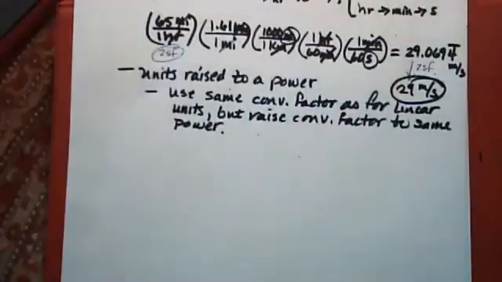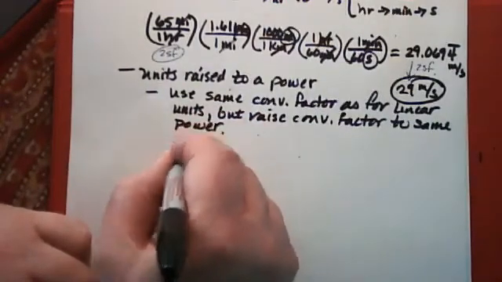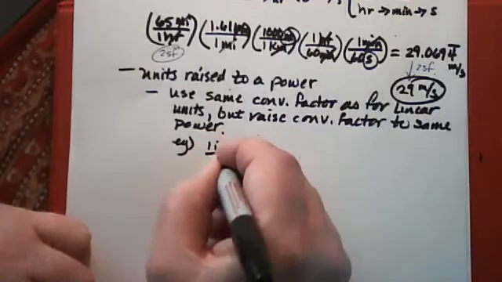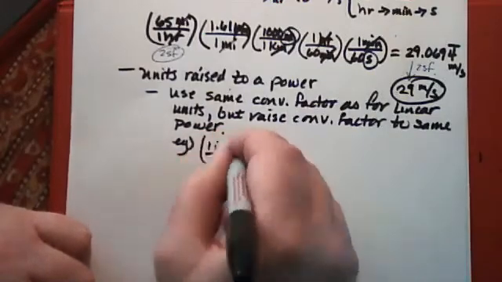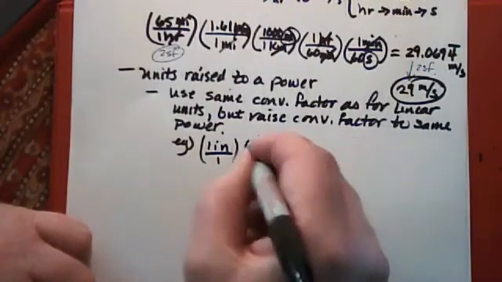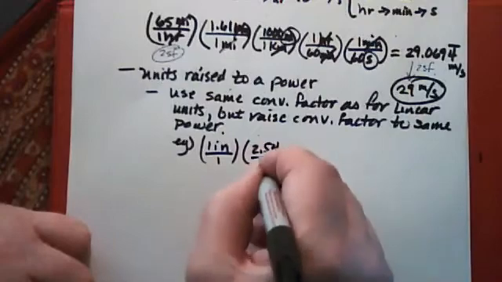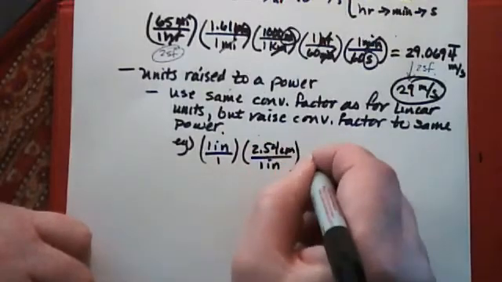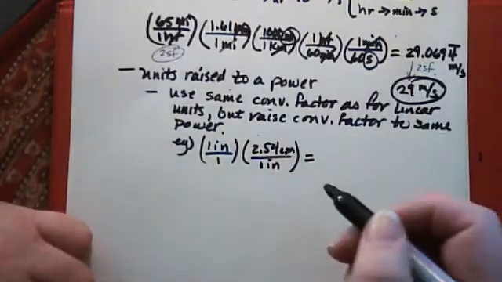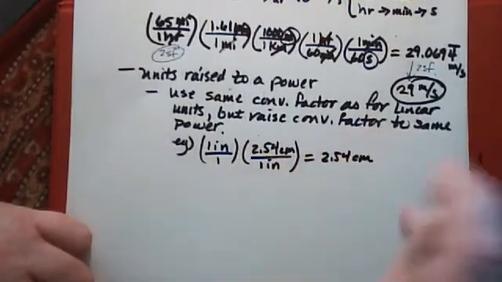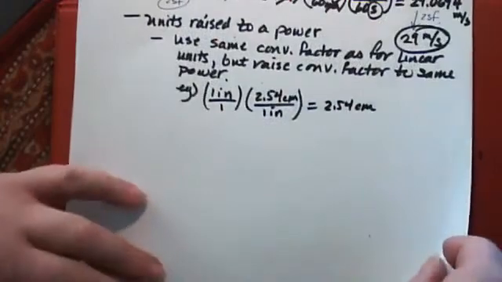If you're going to say, convert 1 inch to centimeters, you multiply it by the conversion factor 2.54 centimeters per inch, and you get 2.54 centimeters.